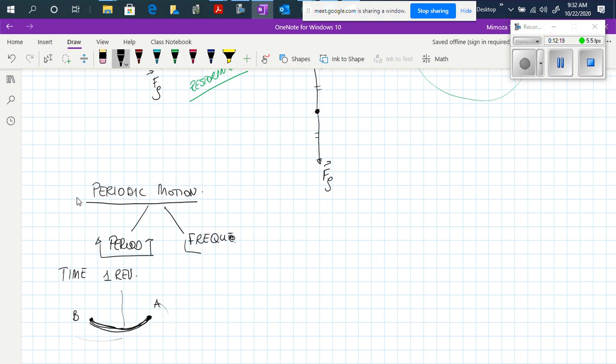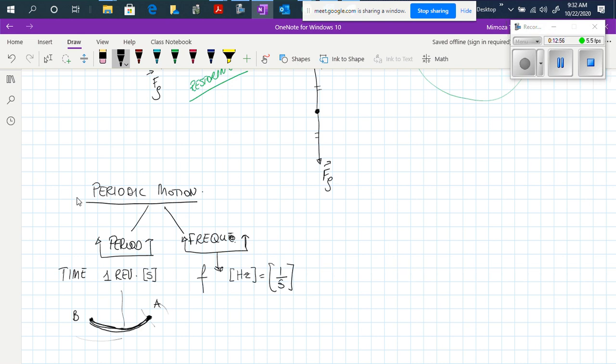The frequency, on the other hand, is how often we see the object passing through a certain point in one second. If the unit for period is seconds, the unit for frequency, which is denoted with a lowercase f, is hertz, which is nothing but 1/seconds.